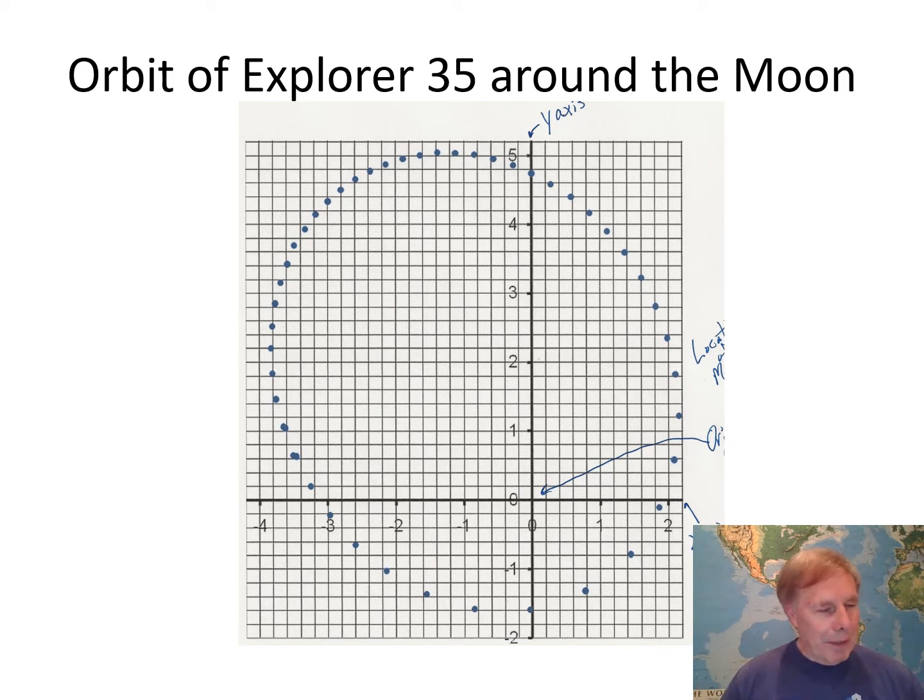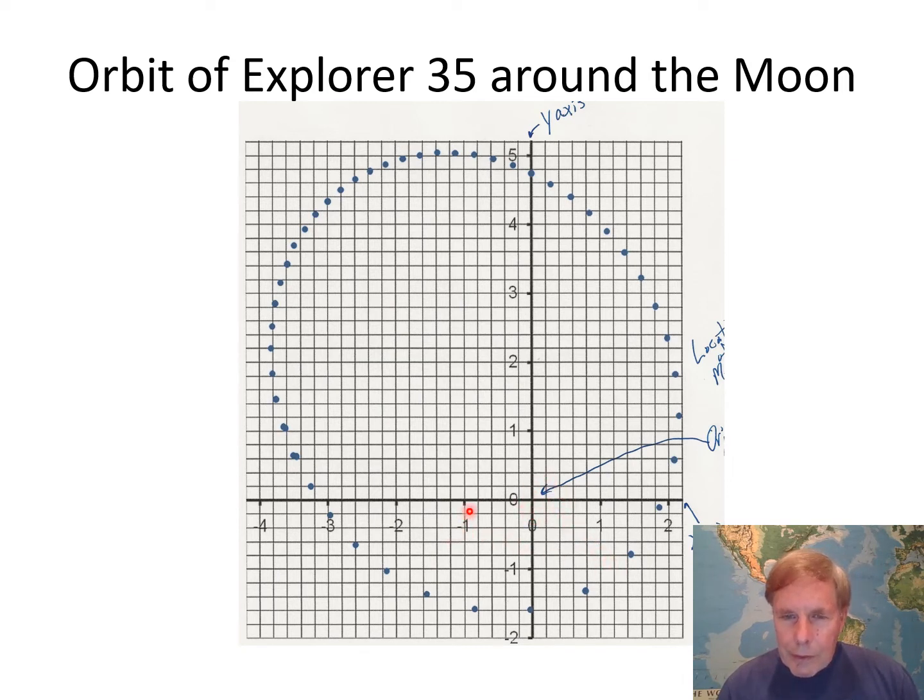This is the business part of the lab. This actually shows you the real orbit of Explorer 35 around the moon. Now, this is just an XY plot. Here's the x-axis. I cut it off there. Here's the y-axis right here. Here's the arrow showing the location of the moon. The moon is at one focus of the ellipse, and this is also the origin.